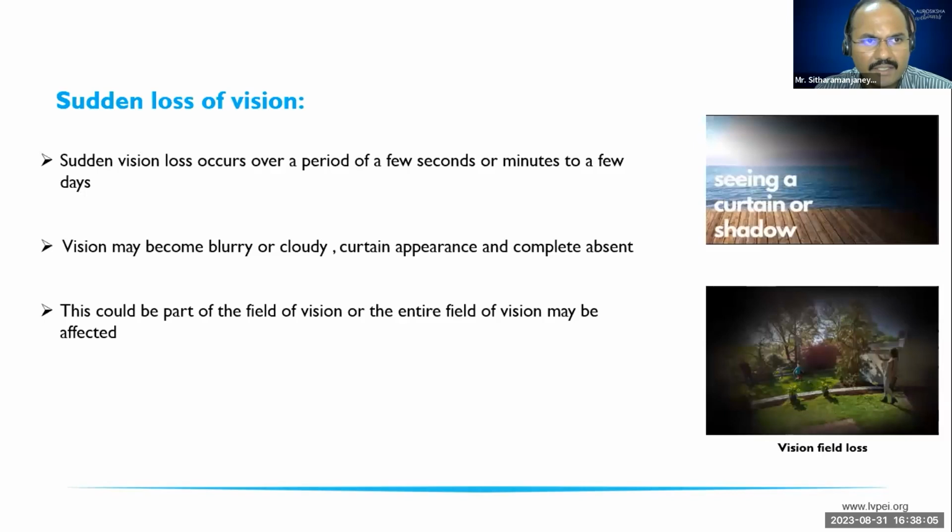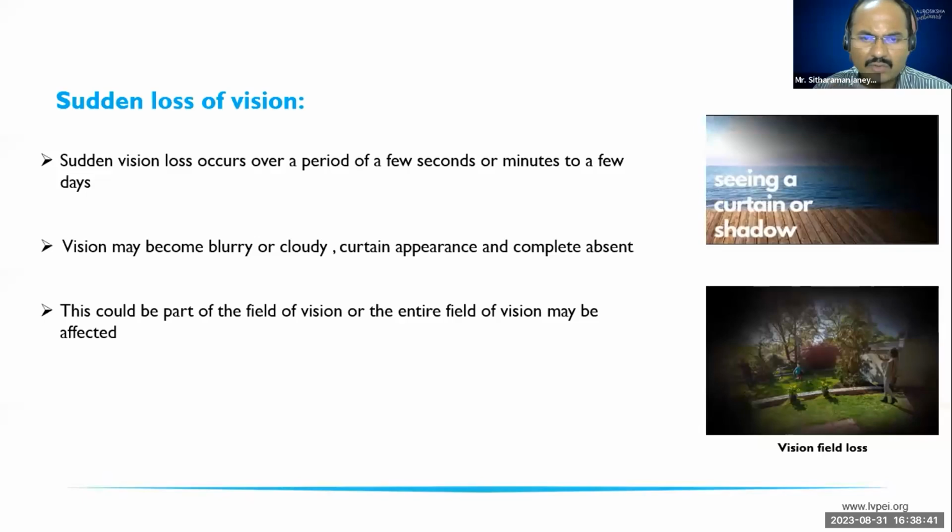First, let us try to understand sudden loss of vision. Sudden loss of vision can occur over a period of a few seconds or a minute, and sometimes over a few days. So it happens in a short period. When sudden vision loss happens, the patient may notice either blurred vision or cloudy vision, sometimes some kind of curtain appearance in front of the eye, and sometimes the vision is lost completely.